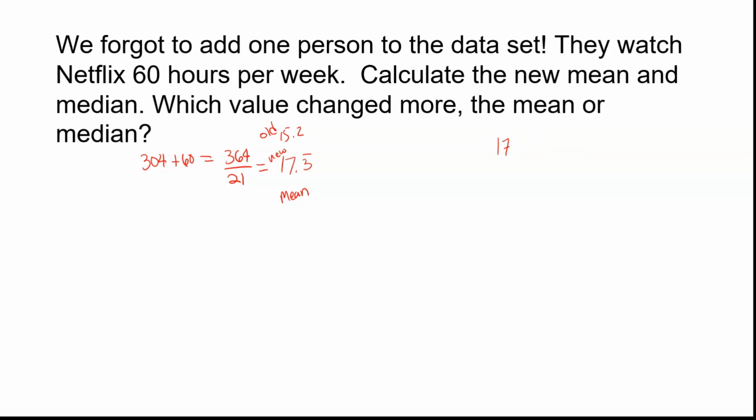So we're going to count from 1 to 11 instead of 1 to 10, and that is also going to be 17. So our median does not change. So obviously our mean is going to be the one that changed more since our median did not change.